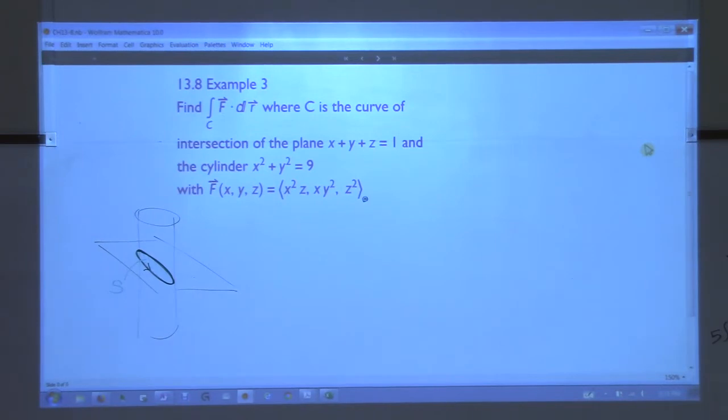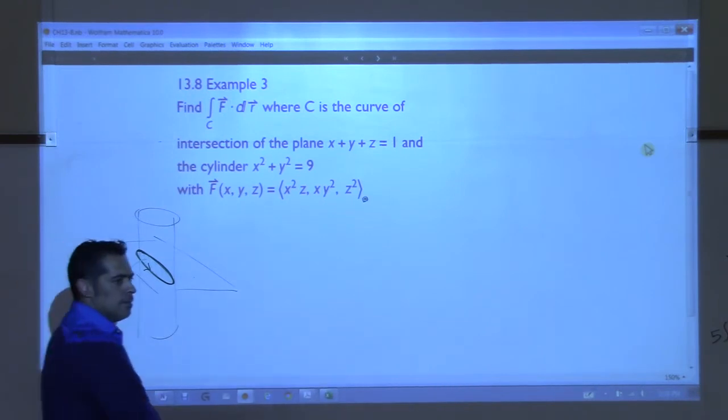Anyone need a hand or have a question or want to clarify? Yeah, that was the curl we got. However, we were working on finding this process for the normal vector.